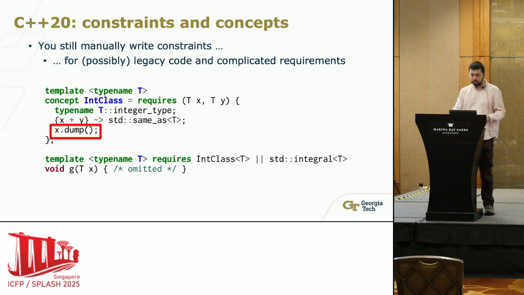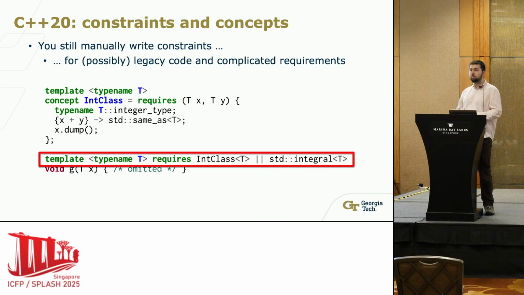Then, after that, we still need to put in place this function template where we say that things of type T need to be either of this concept, IntClass, or an std integral. So just to constrain this simple type T for this function g, we've had to write about 10 lines of code. If we needed to do this for a more complex function, you can imagine this burden growing pretty quickly.